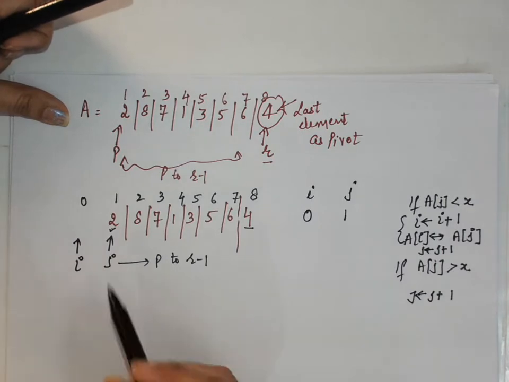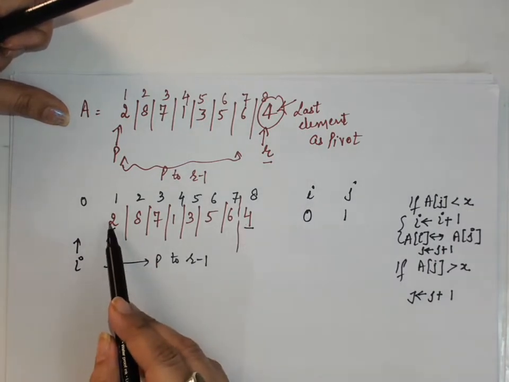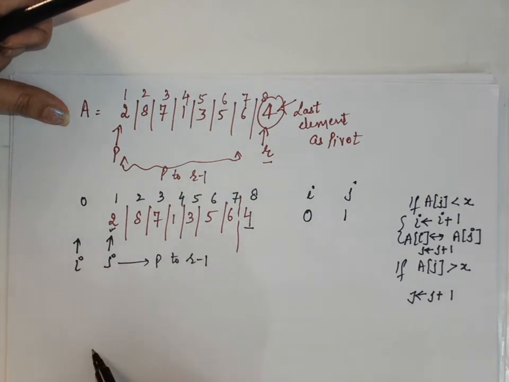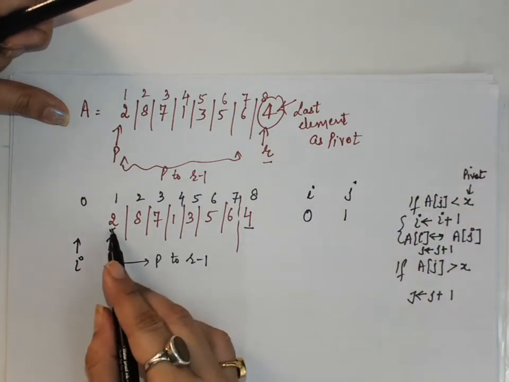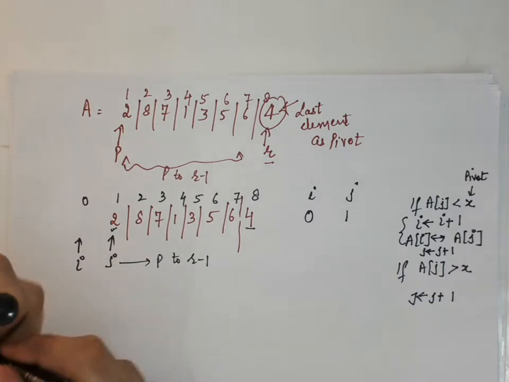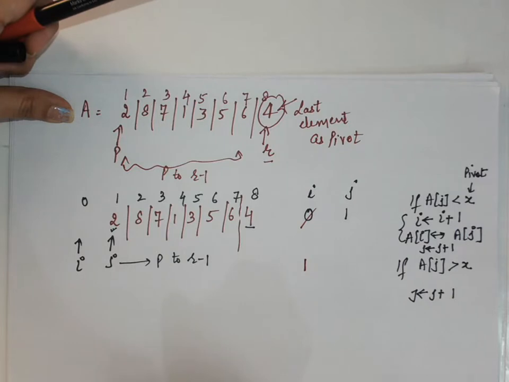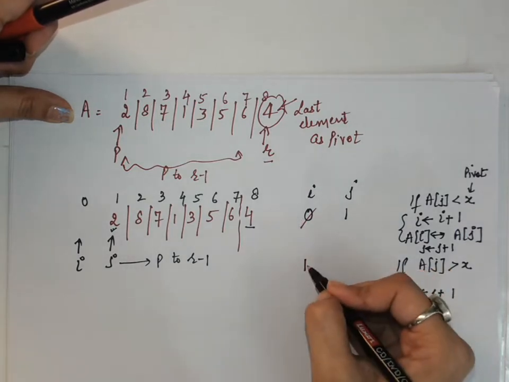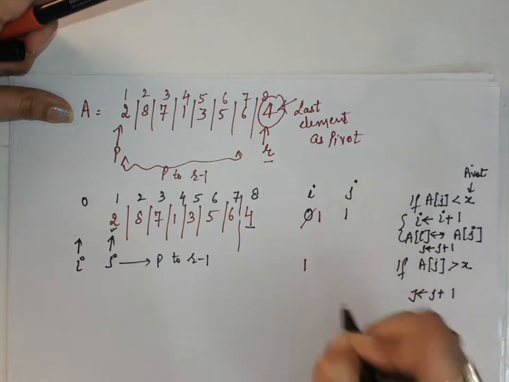So we see here, now 2 is less than 4, it means a of j is less than your pivot element. Here x is your pivot element. Now 2 is less than 4, it means i will be incremented by 1. Now j is 1.